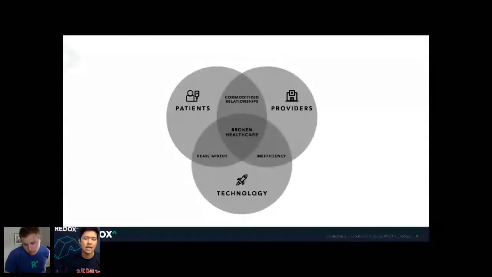Same on the patient side: the lack of information they receive, and the context of that information, can often draw fear and apathy in their healthcare experiences. And because of the high throughput that our healthcare system demands, that relationship, instead of being one of empathy, can typically turn into one of commodity, where providers have to see patients on a very fast schedule, and patients feel like they're moving through an assembly line.